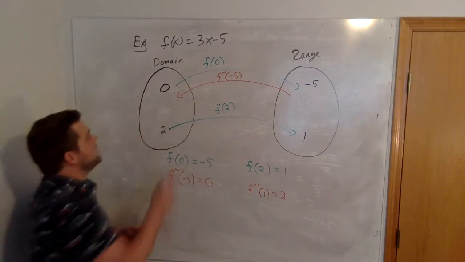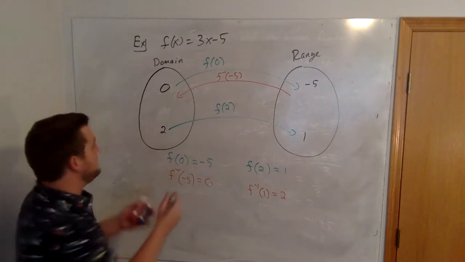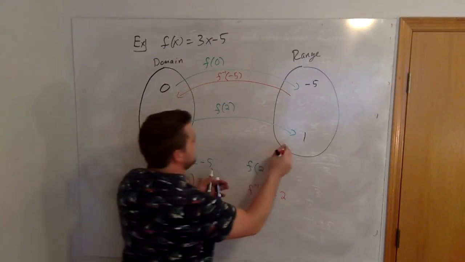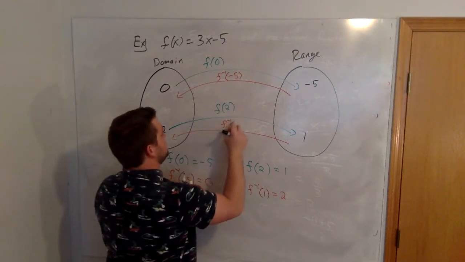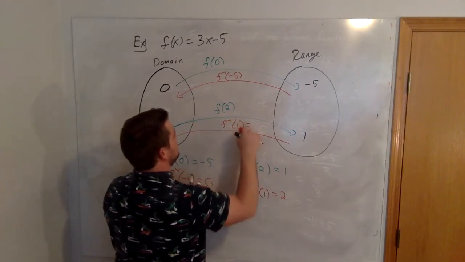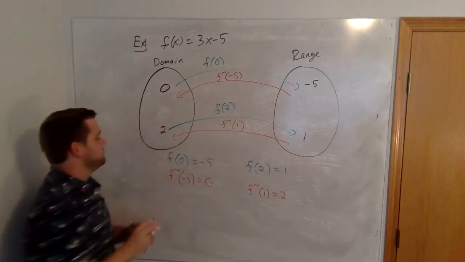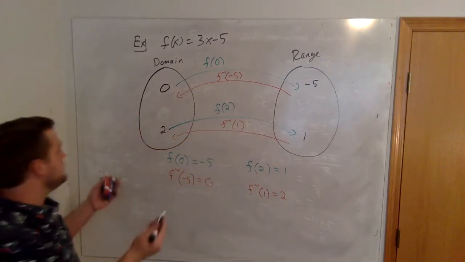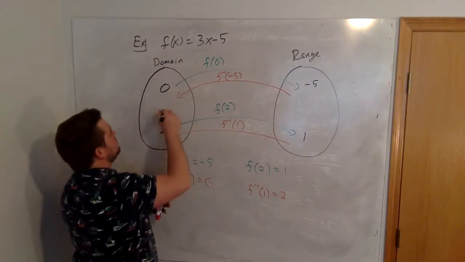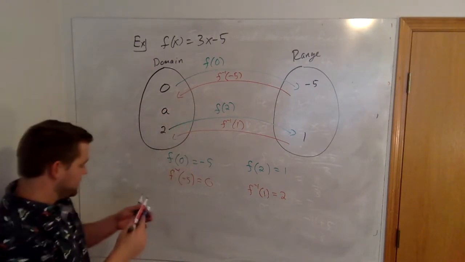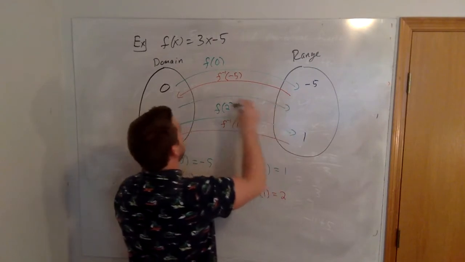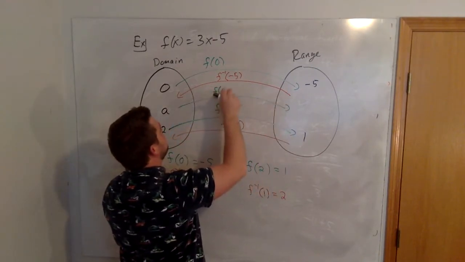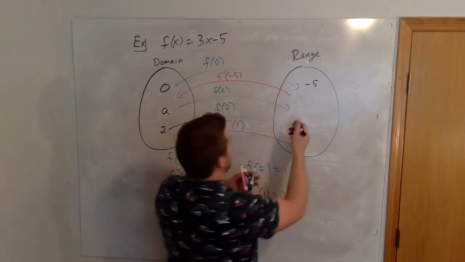In general, if we plug in 1, we want to get the output of 2. But in general, if we plug a value a into the domain and compute f of a, we get an output, let's call it b.